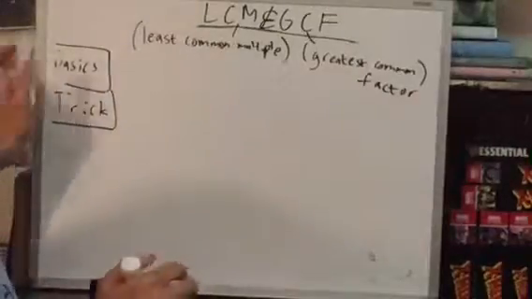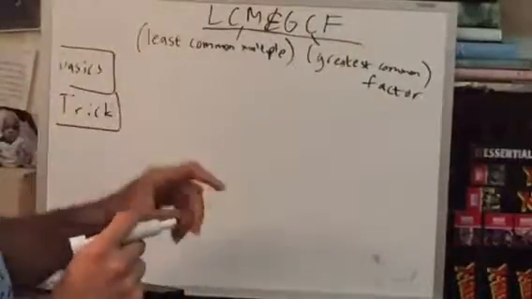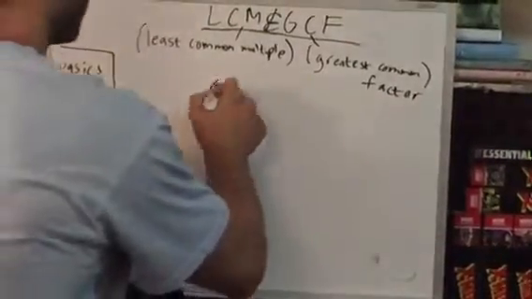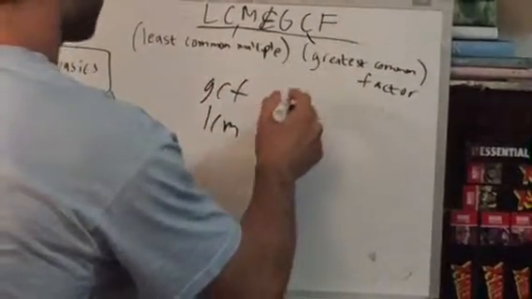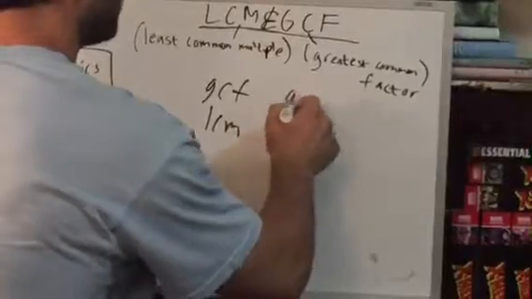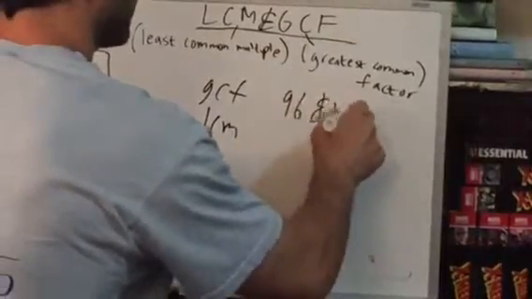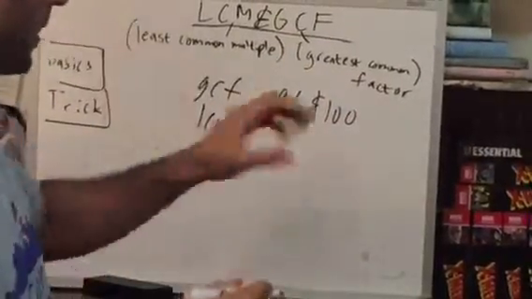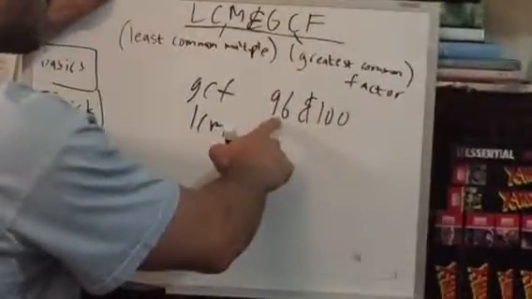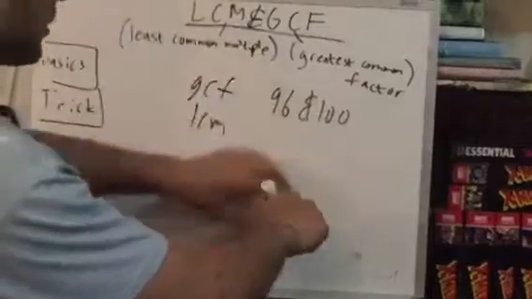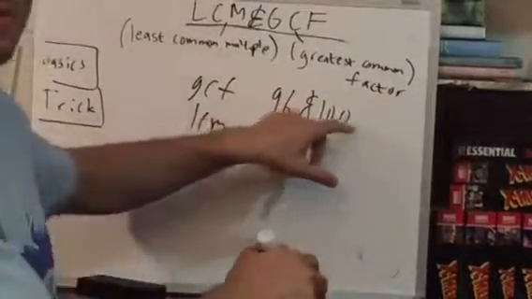All right, now the slight thing I want to mention is this trick. So let's say you want to find the GCF and LCM of 96 and 100. Now we could break these down, right? So this would be 4 times 24. We could do the whole factor tree. This would be 2 squared times 5 squared.